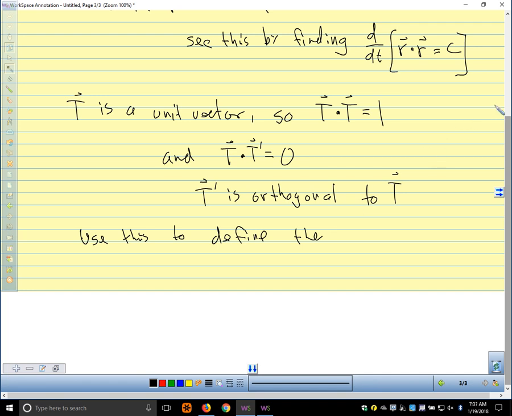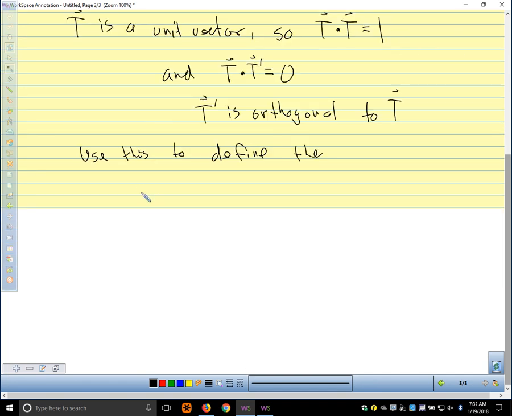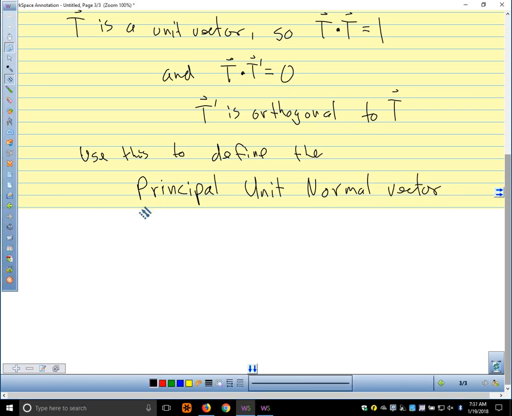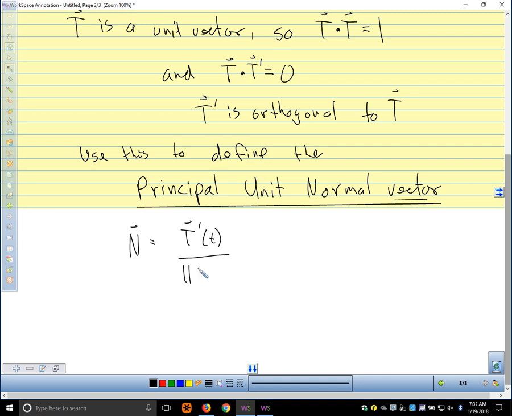And we call it the principal unit normal vector. So the principal unit normal vector, N, is T prime of t over the magnitude of T prime of t.